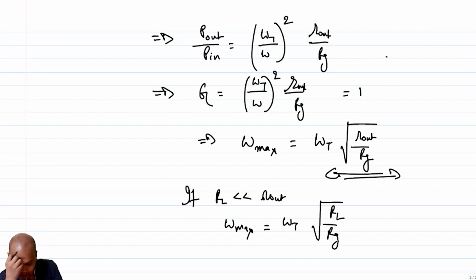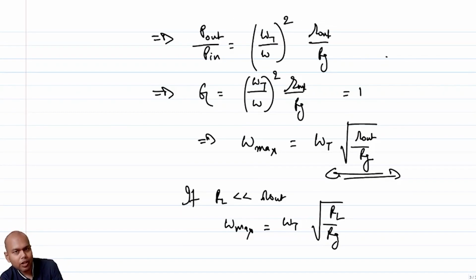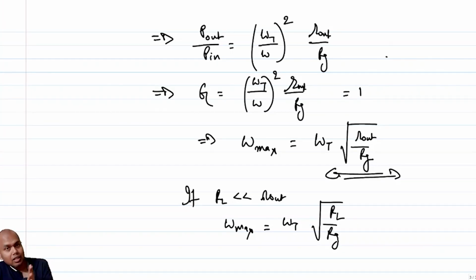Now, what is RL? If you are trying to drive high power, RL is effectively the load impedance. So that 50 ohm antenna load, you are transforming down to a value of maybe 10 ohm or 5 ohm, depending upon how much output power you want, while ensuring you have maximum swing. You essentially try to reduce the value of RL seen by the common source amplifier.